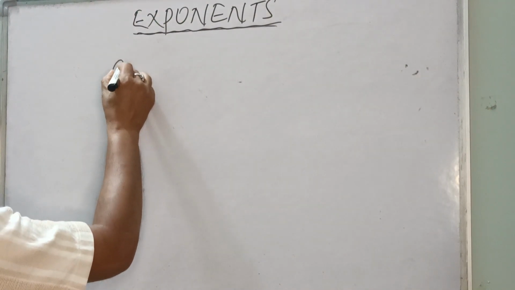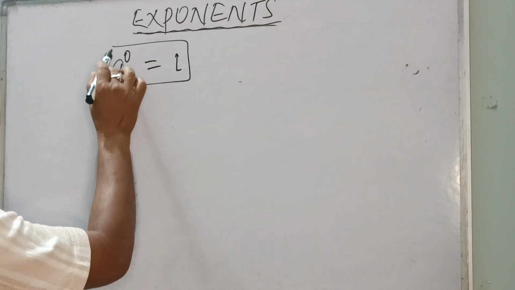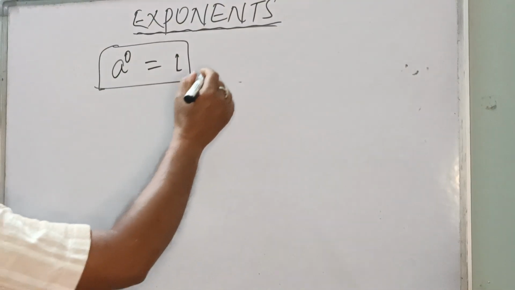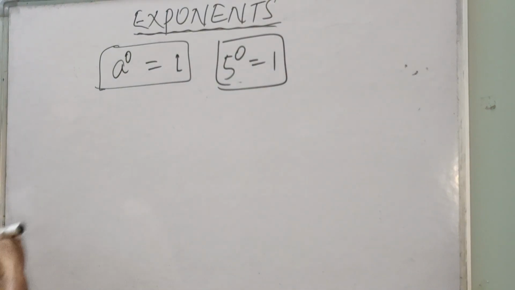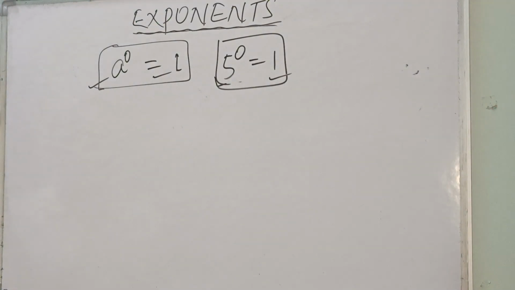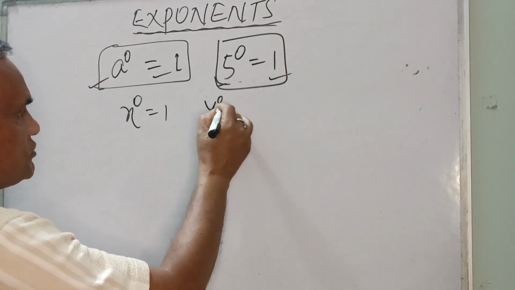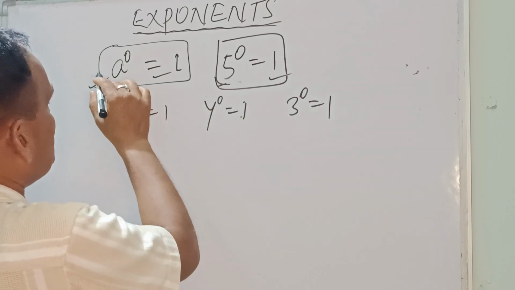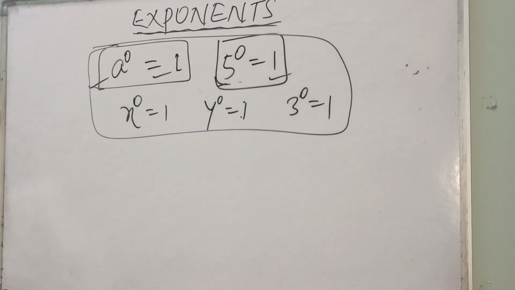So a to the power 0 is equal to 1. This is important. Anything to the power 0, like 5 to the power 0, is 1. The result is the same. Any digit or any alphabet, x to the power 0 is 1, y to the power 0 is 1, 3 to the power 0 is 1. If we put the power 0, the value is 1.